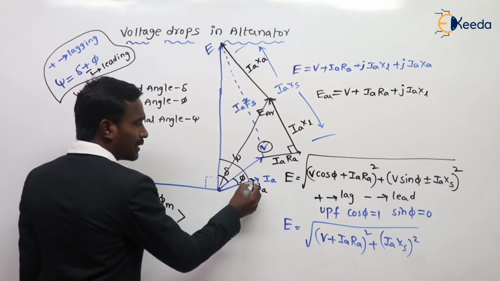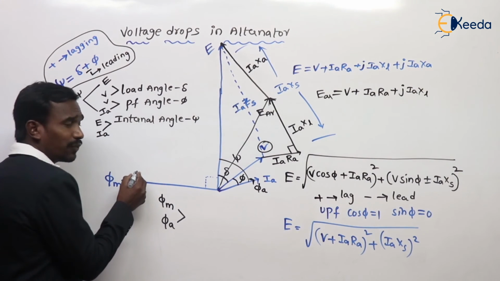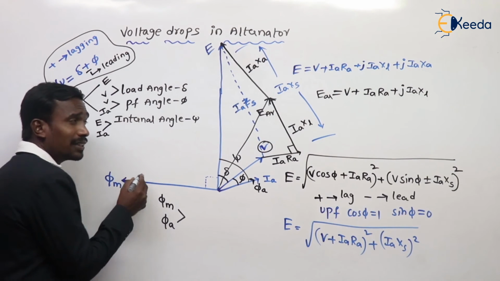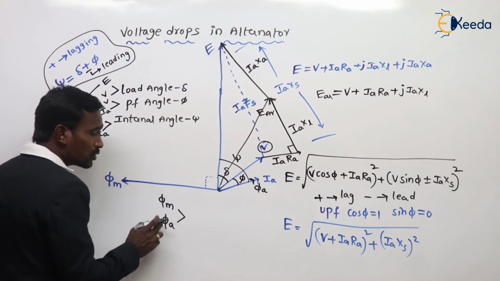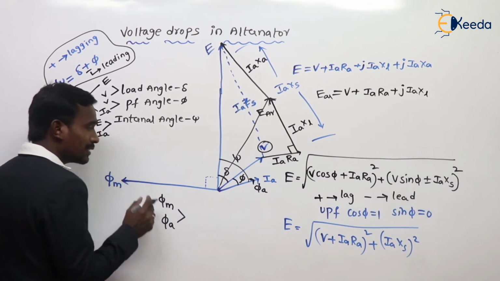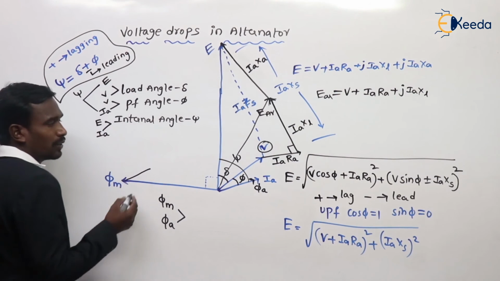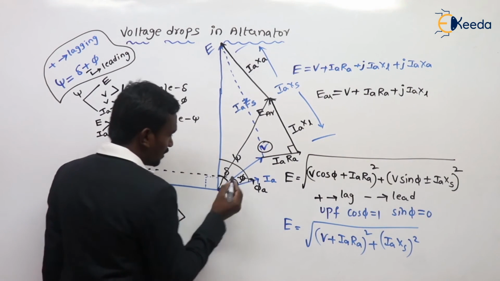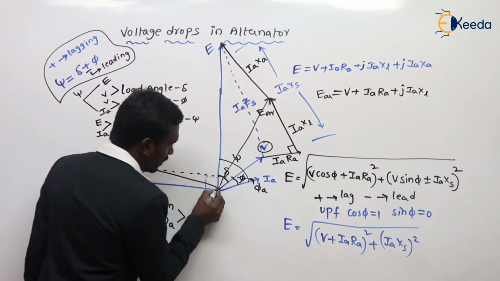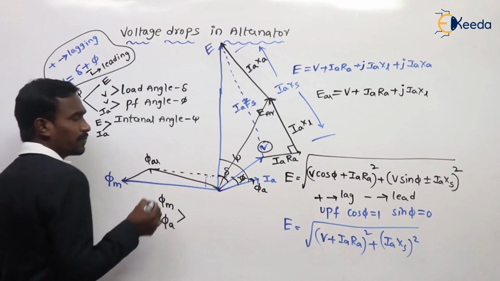If you calculate the resultant flux or air gap flux, the sum of these two is called air gap flux. So see here how, from the trapezoidal analysis, this is the air gap flux.